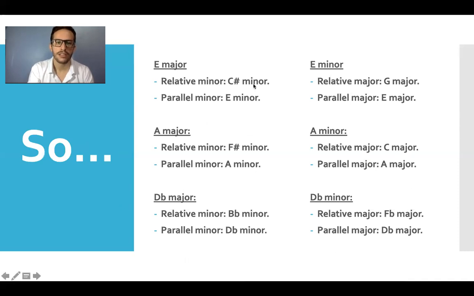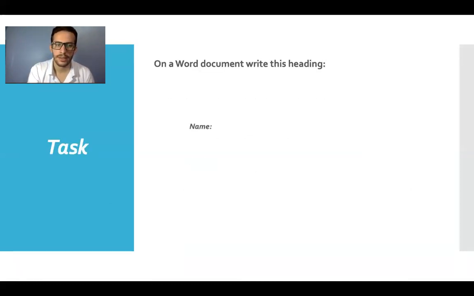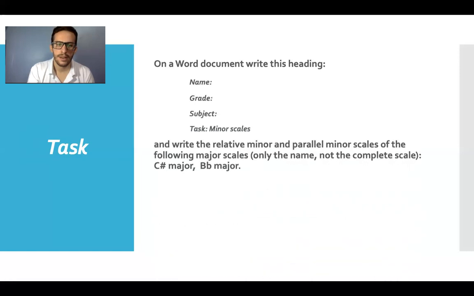It's going to look like this. See that I have not put the entire scales. I just put the name of the scale, the label of the scale. So you're going to write the relative minor scales and the parallel minor scales of these major scales: C sharp major and B flat major.